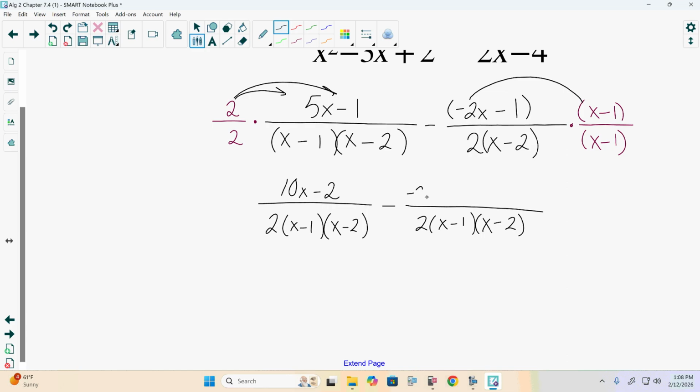Negative 2x times x is negative 2x squared. Negative 2x times negative 1 would be positive 2x. Negative 1 times negative x is negative x. And negative 1 times negative 1 is plus 1.